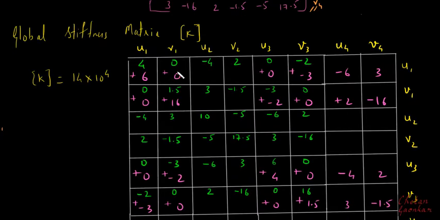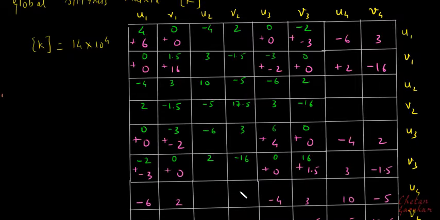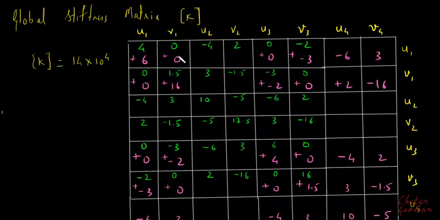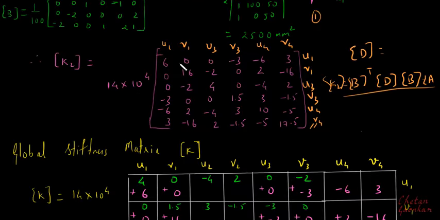And then all these terms which are shown in green are nothing but the terms which we had taken from our stiffness matrix 1, that is K1. K1 had u1 v1 u2 v2 u3 v3, right? And u1 v1 u2 v2 u3 v3. So all the terms in green are directly taken from the stiffness matrix 1. And then all these numbers in pink are taken from this matrix.